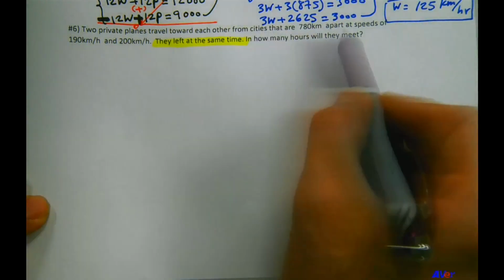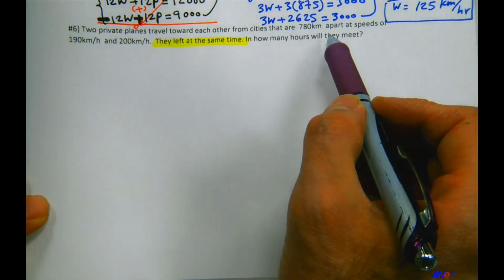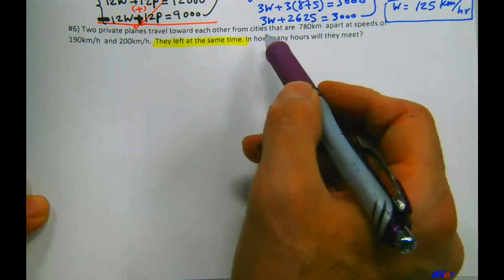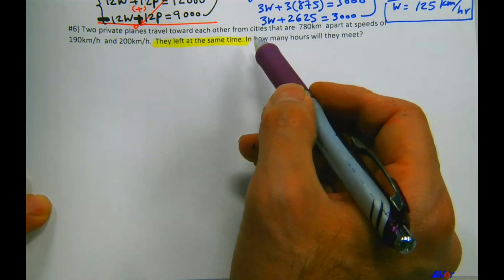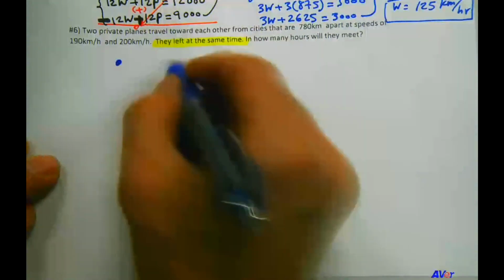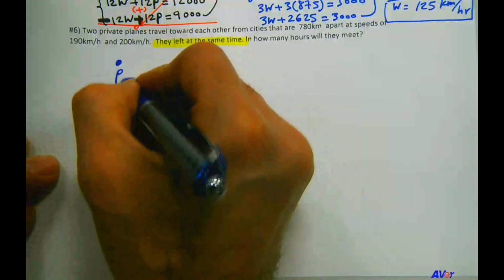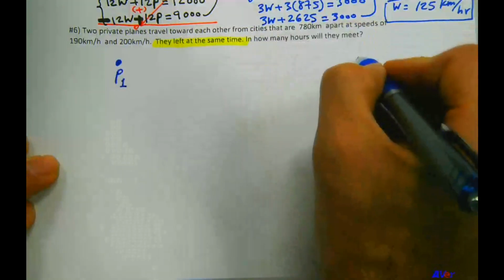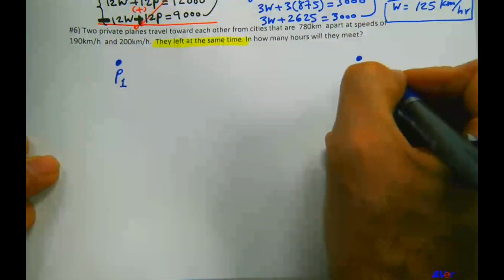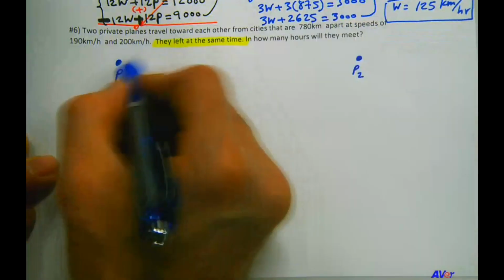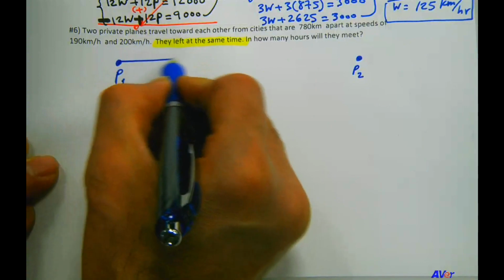So when we read this problem carefully, this is one of those problems where drawing a picture really helps. So two planes are traveling toward each other, right? So let's call this plane 1 and this plane 2. They travel towards each other this way.